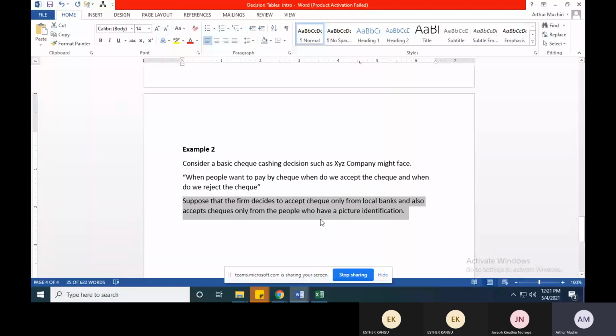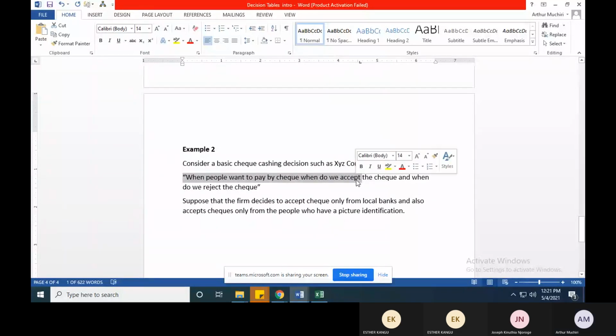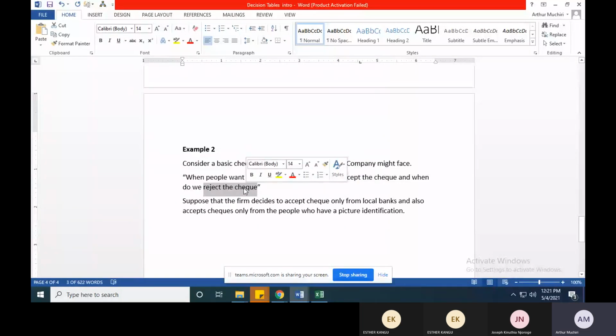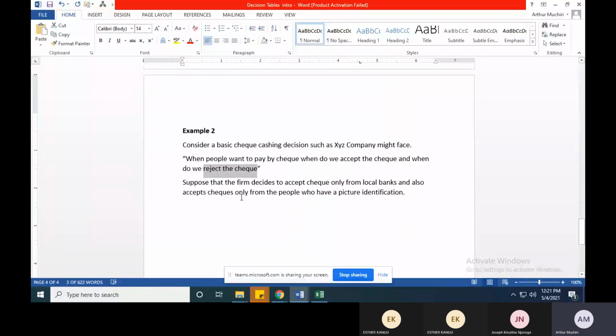The conditions are two: accept check from local banks, which is the first condition, and accept from people who have picture identification. What about the actions? The actions are to accept check and reject check.